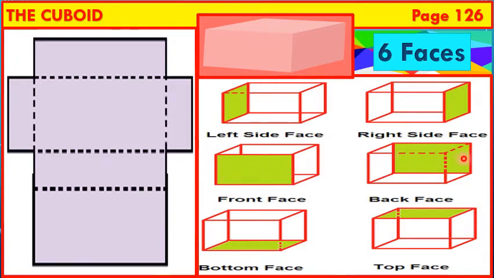Fourth, the back face. Fifth, the bottom face. And sixth, the top face. Total, a cuboid has 6 faces. This is the net of a cuboid. It also has 6 faces: 1, 2, 3, 4, 5 and 6. So the shape and its net both have the same number of faces.